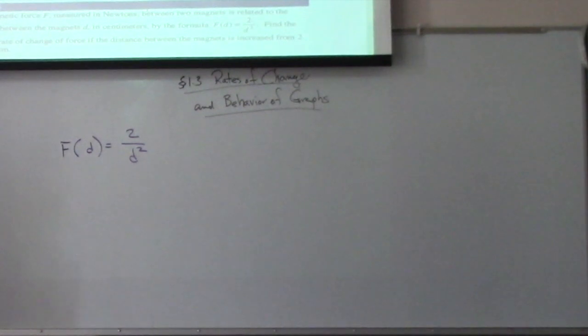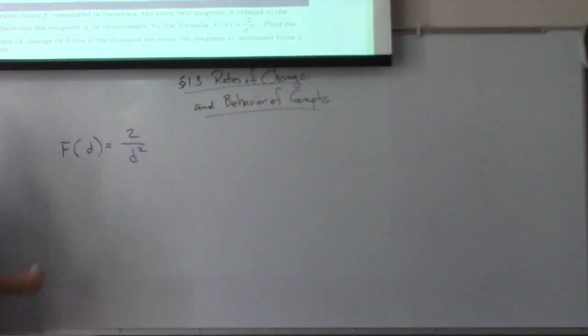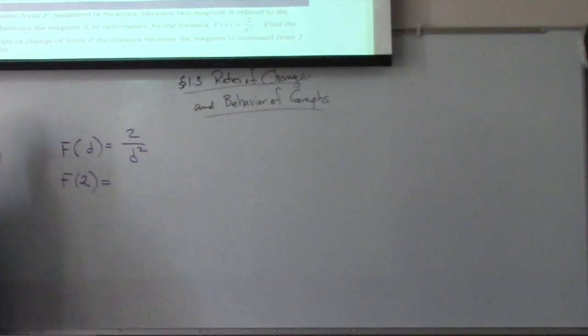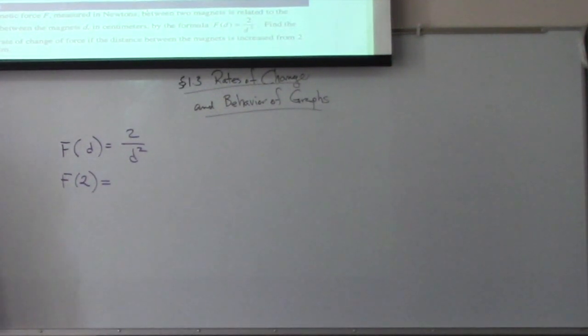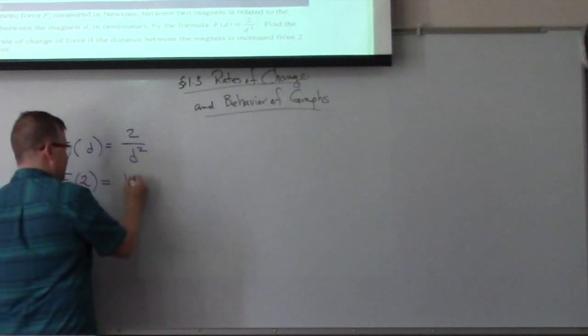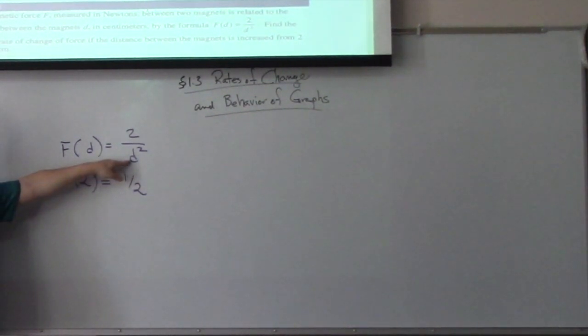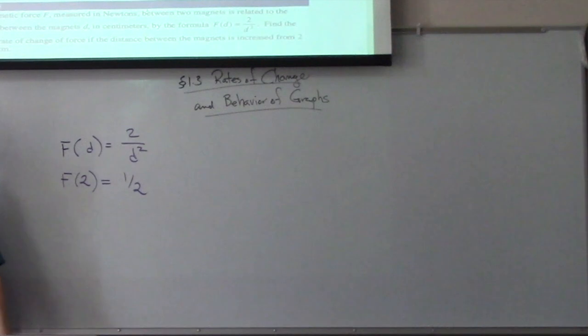And based on that alone, I can see that f of 2 is what? It's 1/2, because if you take the input and square it, you get 4, and 2 divided by 4 is 1/2. Is that what you were thinking?